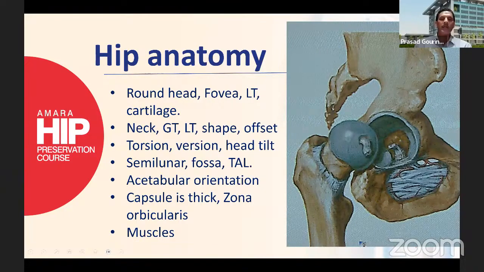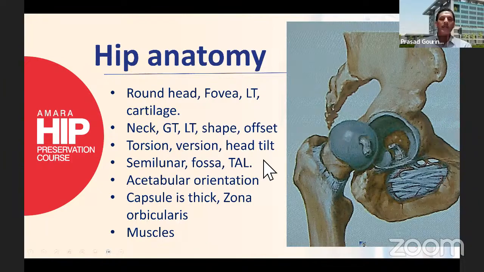More prominent can be a problem. So the shape of these bones is important. And the neck also has an offset. If you don't have a narrow neck, you won't have good range of motion. So the neck needs to have a certain length to keep the GT and LT away from the pelvis, and it needs to be of lesser diameter than the head to have good range of motion.